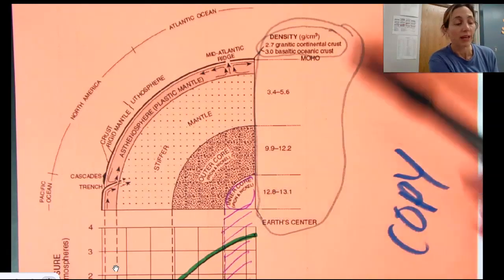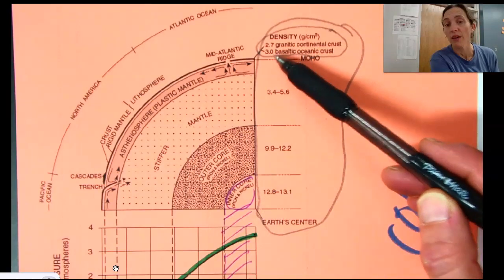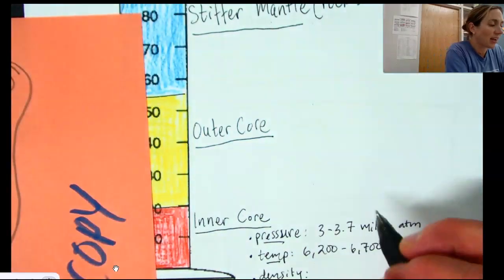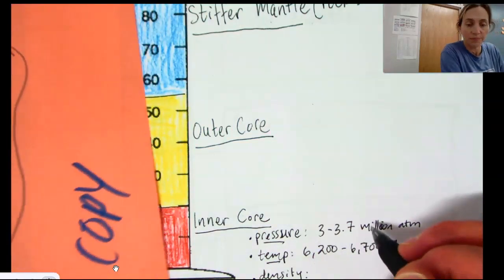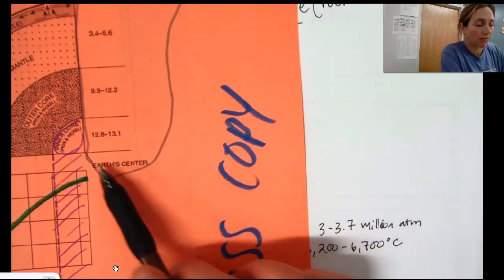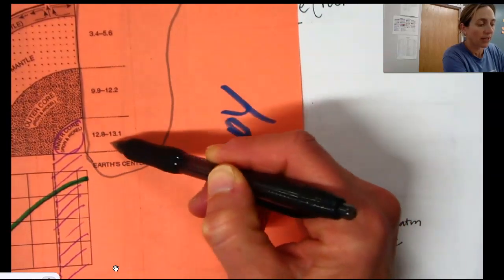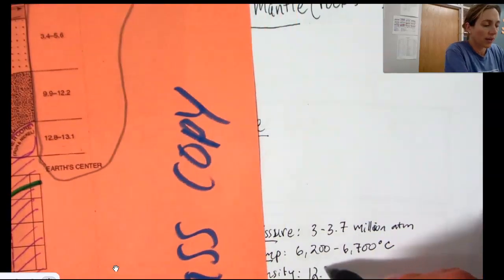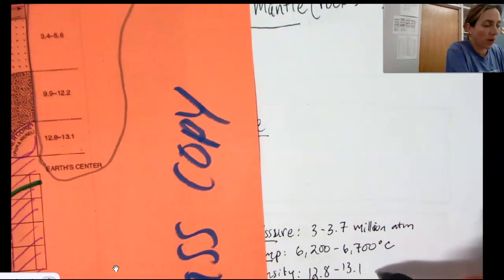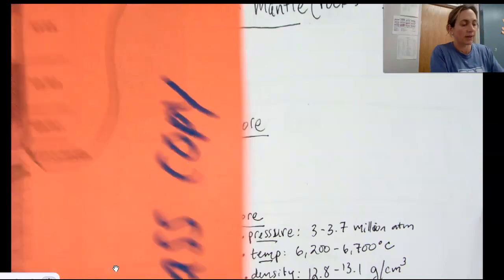That's right, because it is less dense, and here is our evidence. Okay, so go ahead and write in our density for the inner core. This is the inner core layer right here, 12.8 to 13.1, and our units are grams per cubic centimeter.